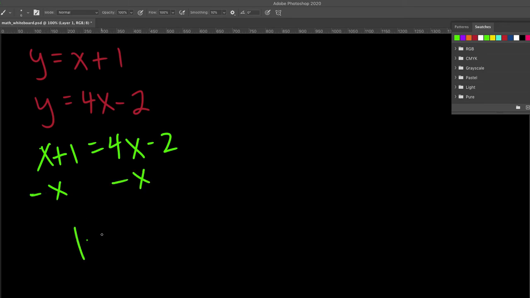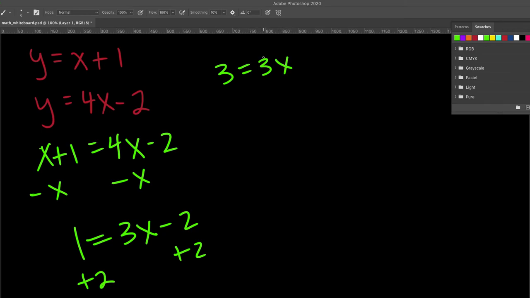And so we have 1 is equal to 3x minus 2. We add 2 to both sides. So we get 3 equals 3x, and then we divide both sides by 3, and that leaves us with x equals 1.